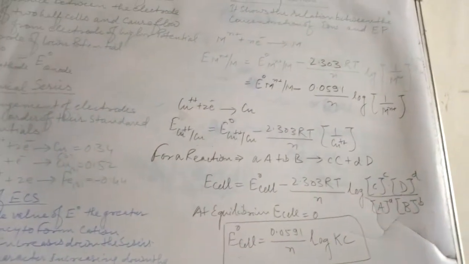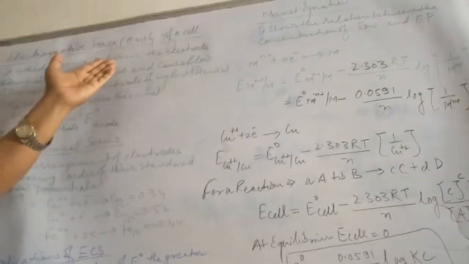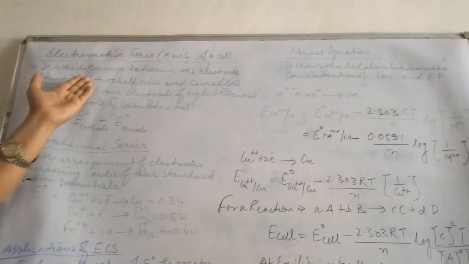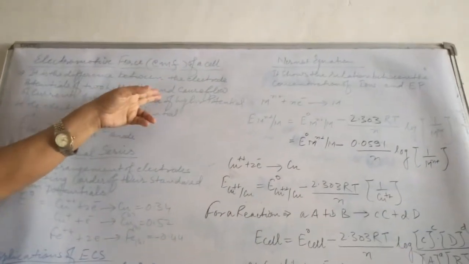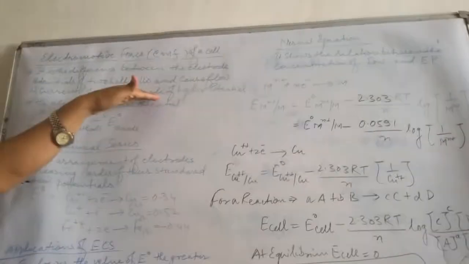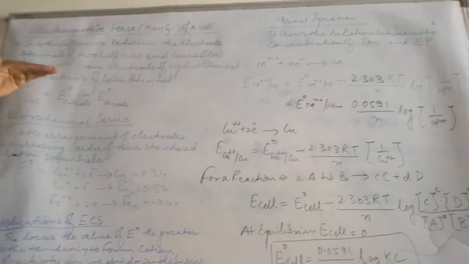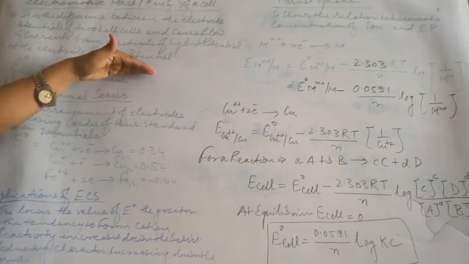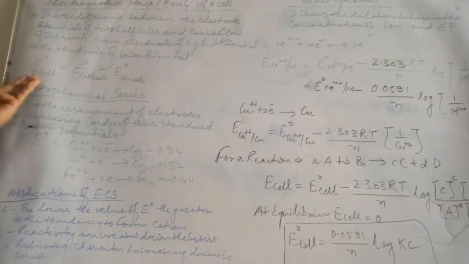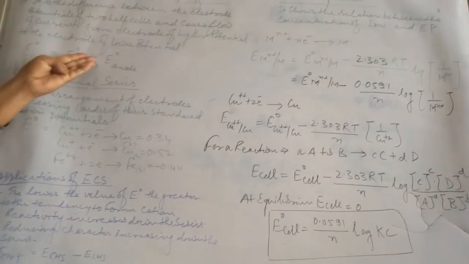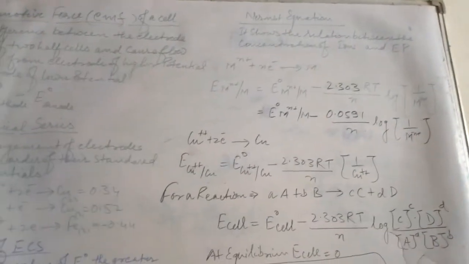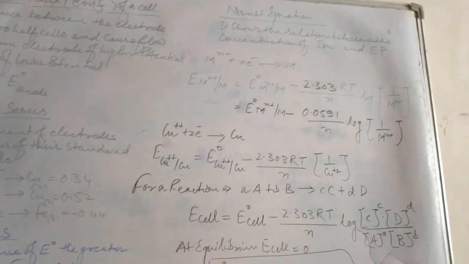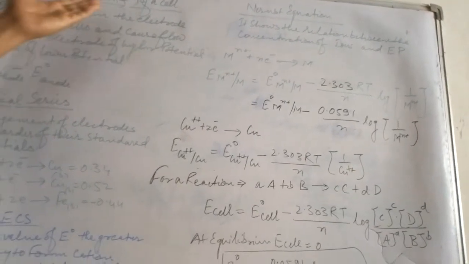It causes the flow of current from the electrode of higher potential to the electrode of lower potential, and it can be calculated as E naught cell equals E naught cathode minus E naught anode. So at the very first, we go through the definition with a detailed discussion of electromotive force.